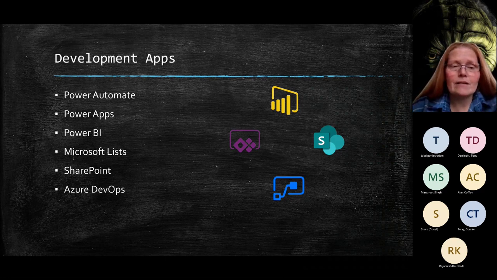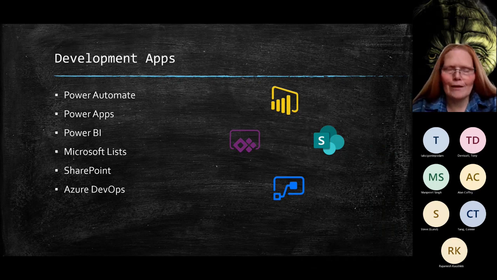The reason is because a company can choose, or, depending on licensing and whatnot, not to have access to the Power Platform or to use it. However, they can still develop because you can develop in Microsoft Lists and you can develop in SharePoint itself. So they are development apps as well.